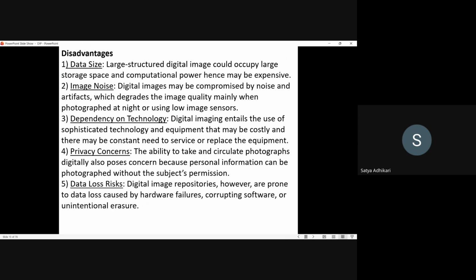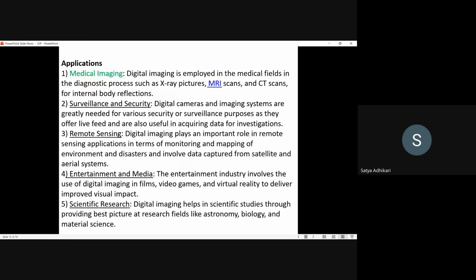Data loss risk also. That is some issue in security. Digital image repositories are prone to data loss caused by hardware failures, corrupting software, or unintentional erasure. So these are some disadvantages, although it has many advantages. It suffers this type of drawbacks.